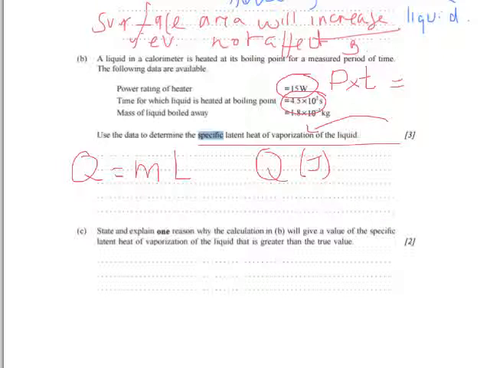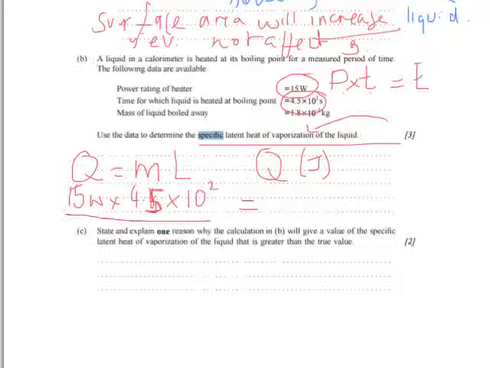So if we multiply power times time, we can get energy. So you need to put both of those values in. 15 watts times 4.5 times 10 to the 2. Okay, so this will give you your Q value equals the mass of the water boiled away, 1.8 times 10 to the minus 2 times L.